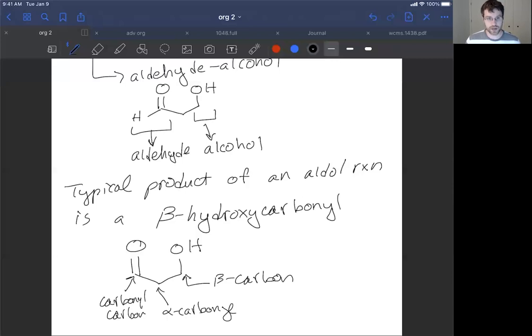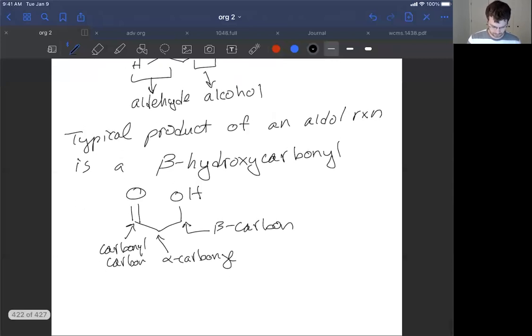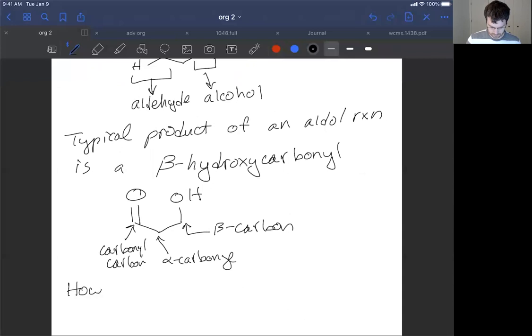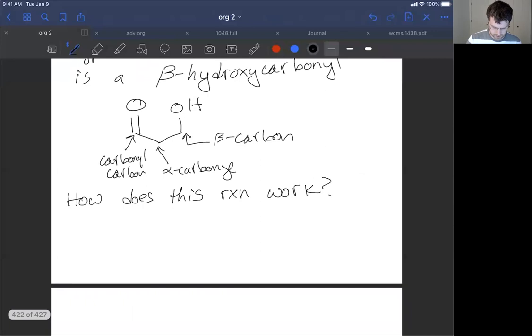Okay, so how does this reaction work? What we do is we first generate an enolate.